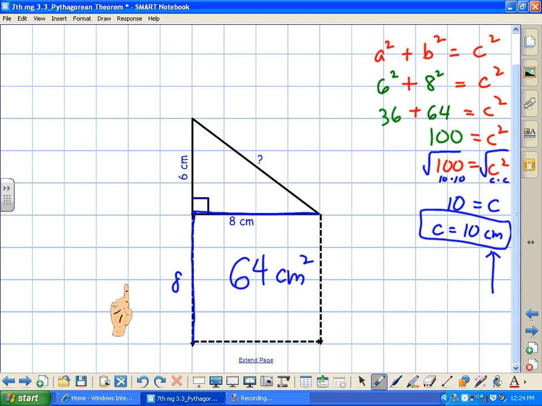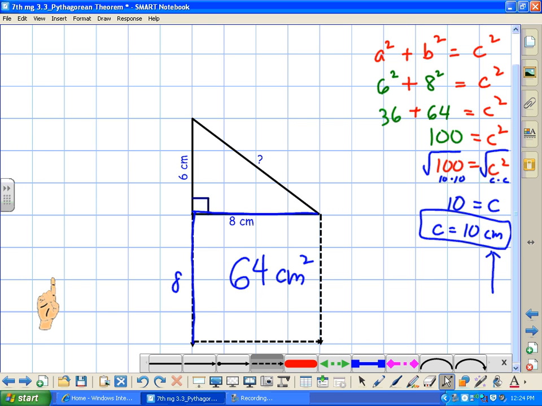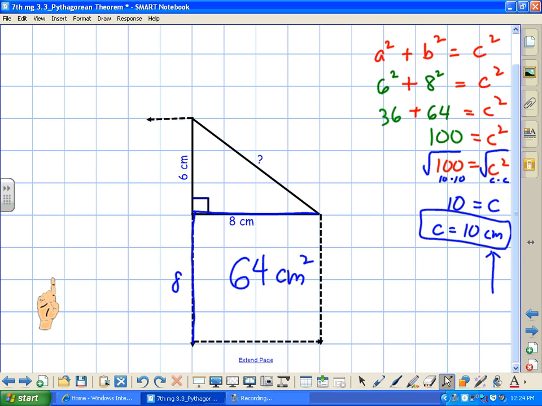That's the area of 64. Okay? Next, on the other side, notice how I have the 6 here. And so the 6 here, I'm creating basically a square that is 6 by 6.